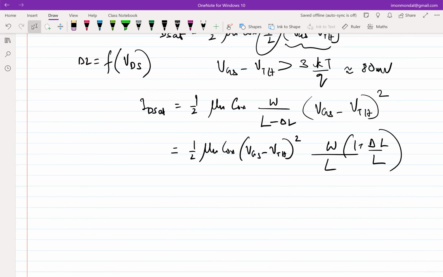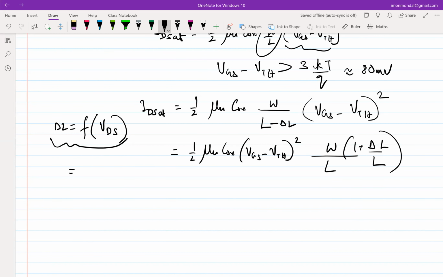Now recall that I said that delta L is a function of VDS, right? And if this is a nonlinear function of VDS, what is the easiest way to deal with nonlinearities?